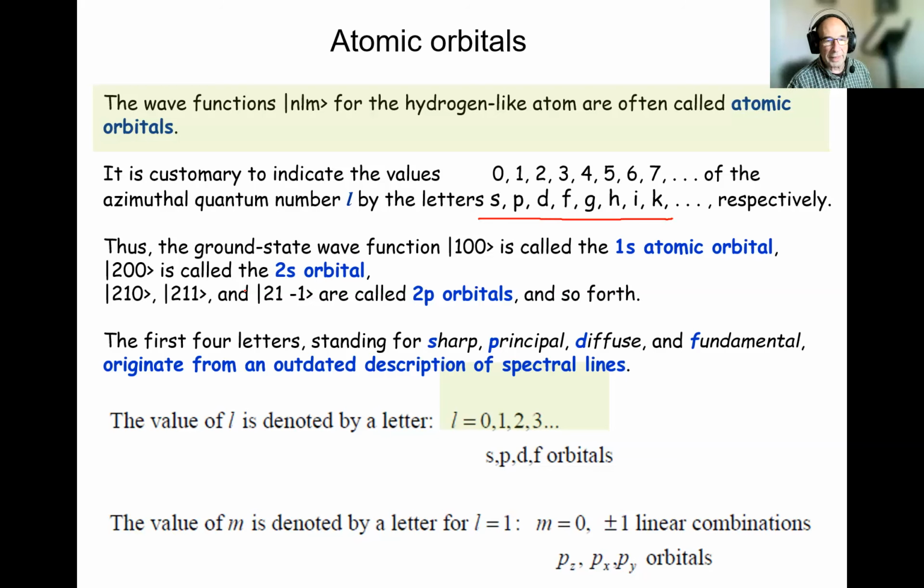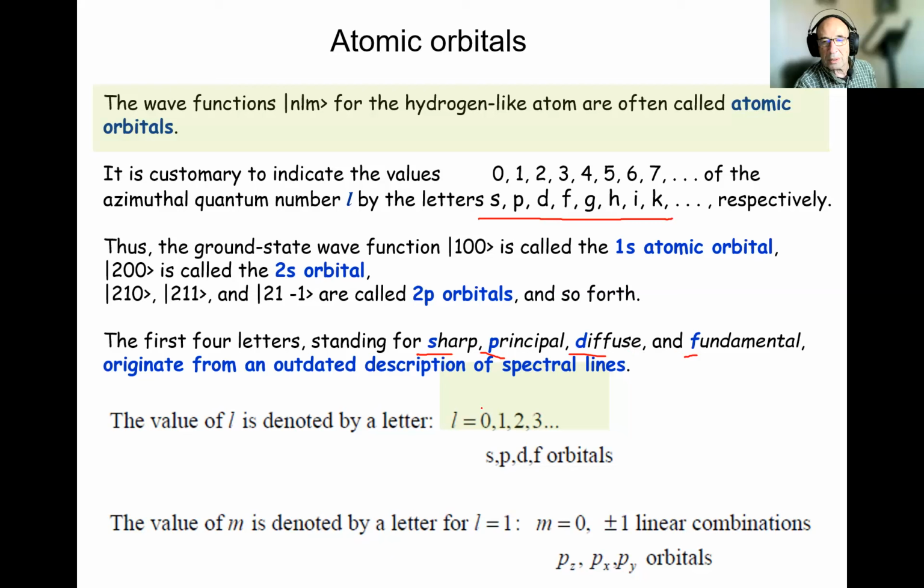This is common language which comes from spectroscopy from 100 years ago. S, P, D, F, etc. stand for spectroscopic notations of, say, the hydrogen atom and some other atoms, standing for sharp lines, principal lines, diffuse lines, and fundamental lines.